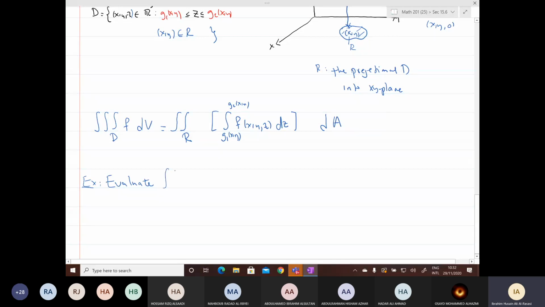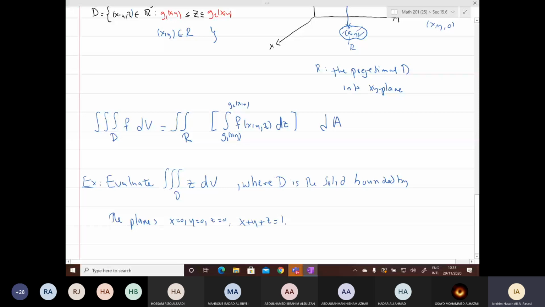Evaluate the triple integral over D of z dV, where D is the solid bounded by the planes x equals 0, y equals 0, z equals 0, x plus y plus z equals 1.